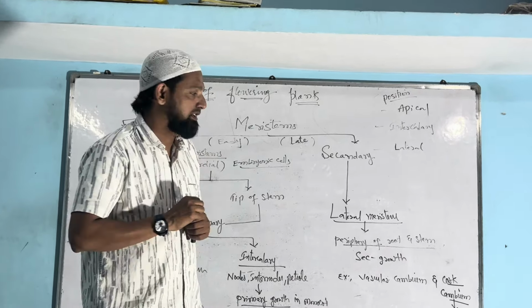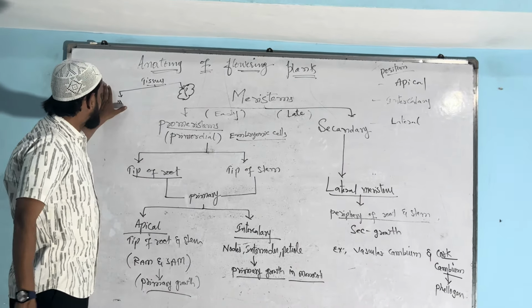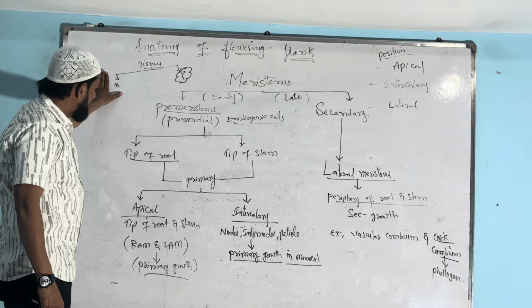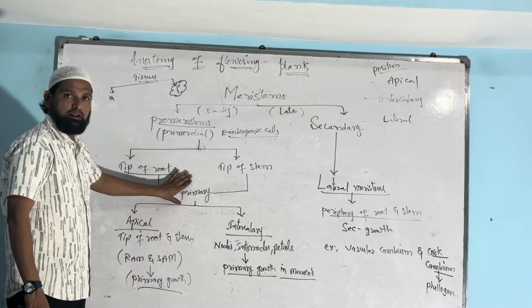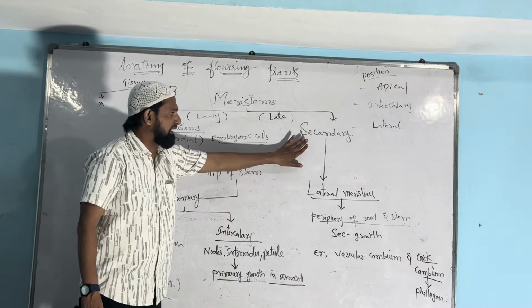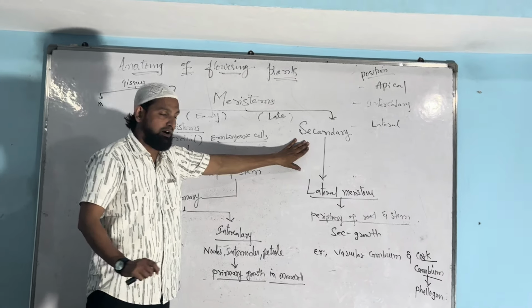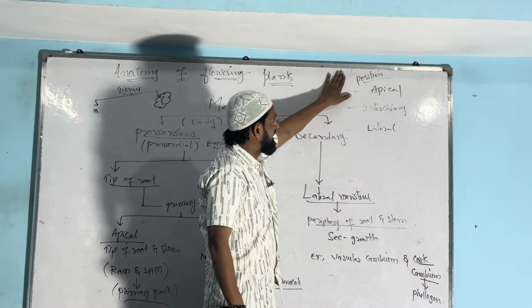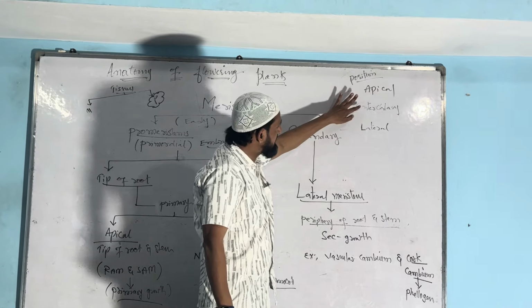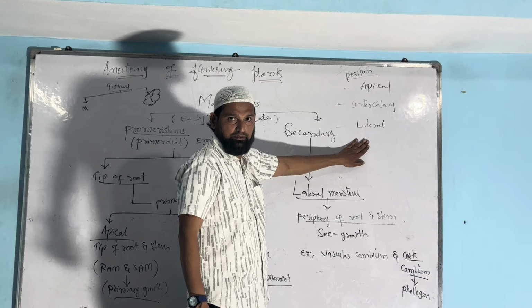Now one more point. Here, meristematic tissues may be primary or secondary, based on origin. Based on position, they are apical, intercalary, lateral.